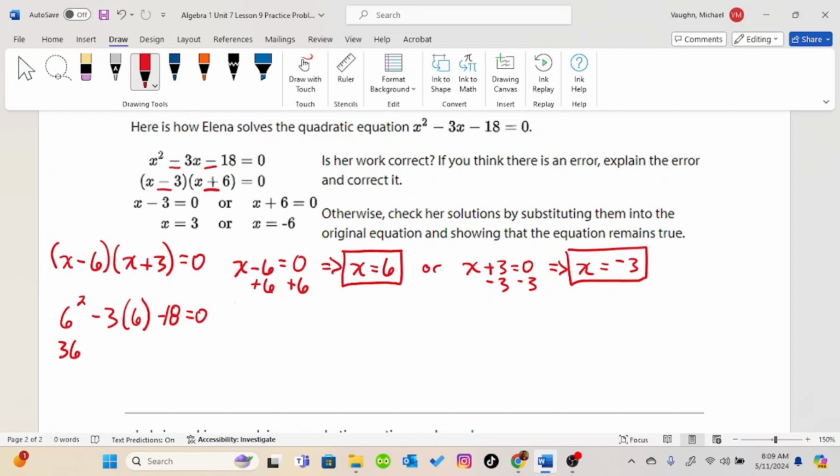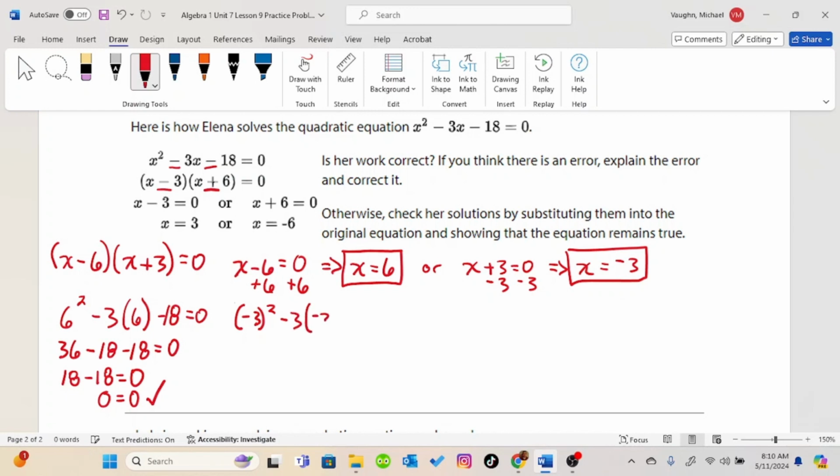Negative 3 times 6 is negative 18. 36 minus 18 is 18. And 18 minus 18 is 0. Our answer works.